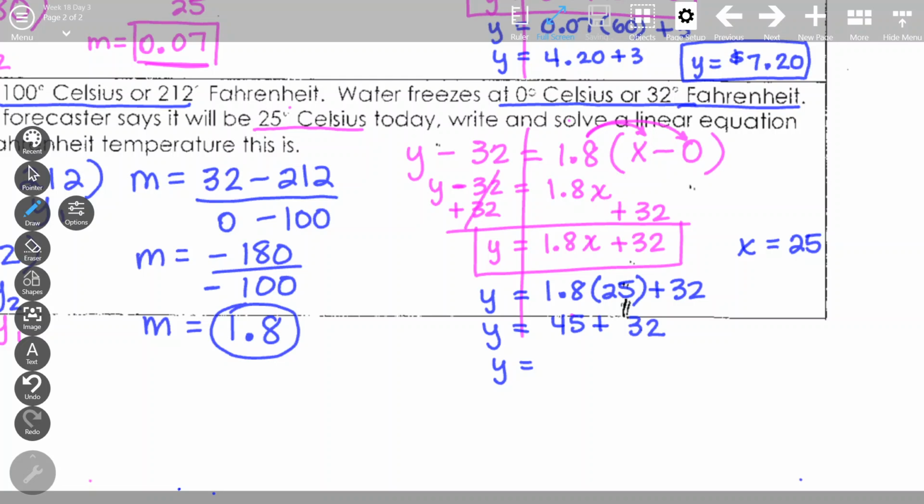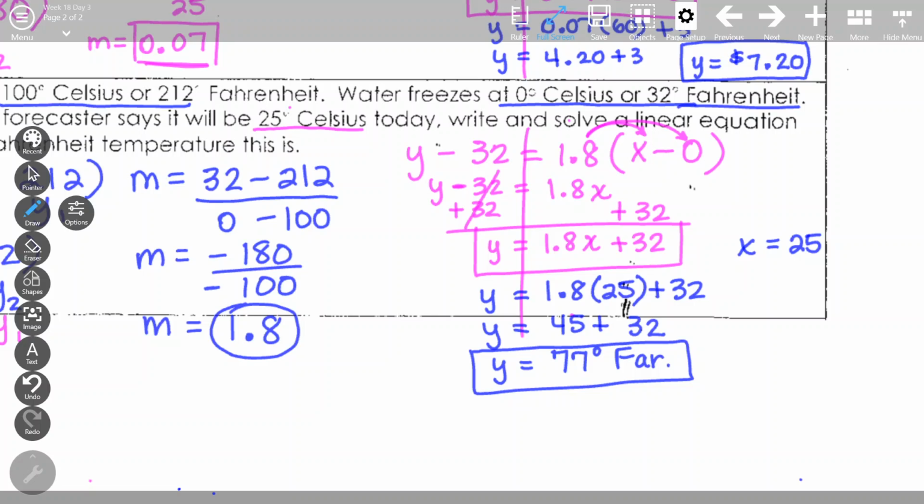Just put it in your calculator. You'll get 77 degrees Fahrenheit. So if it were 25 degrees Celsius outside, it would be 77 Fahrenheit.